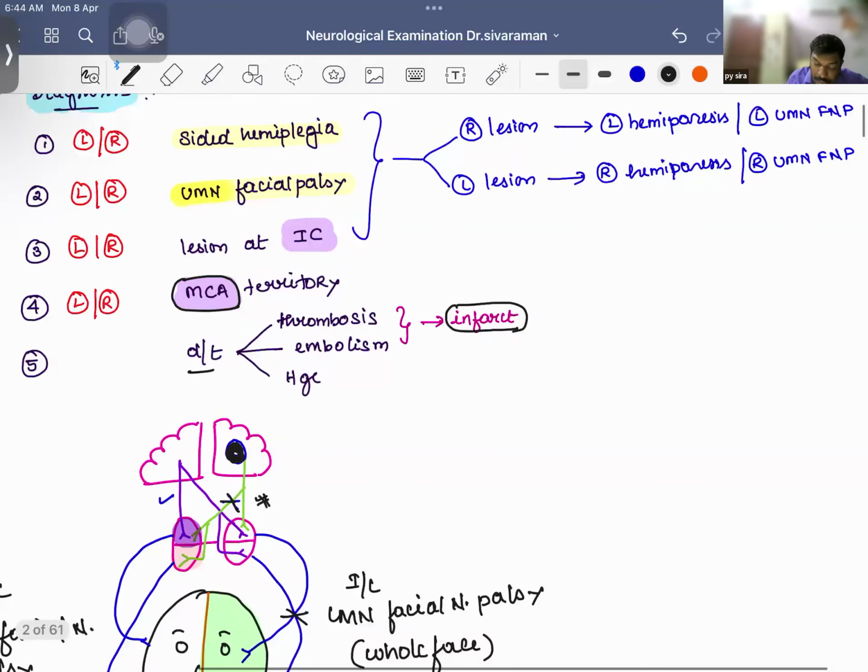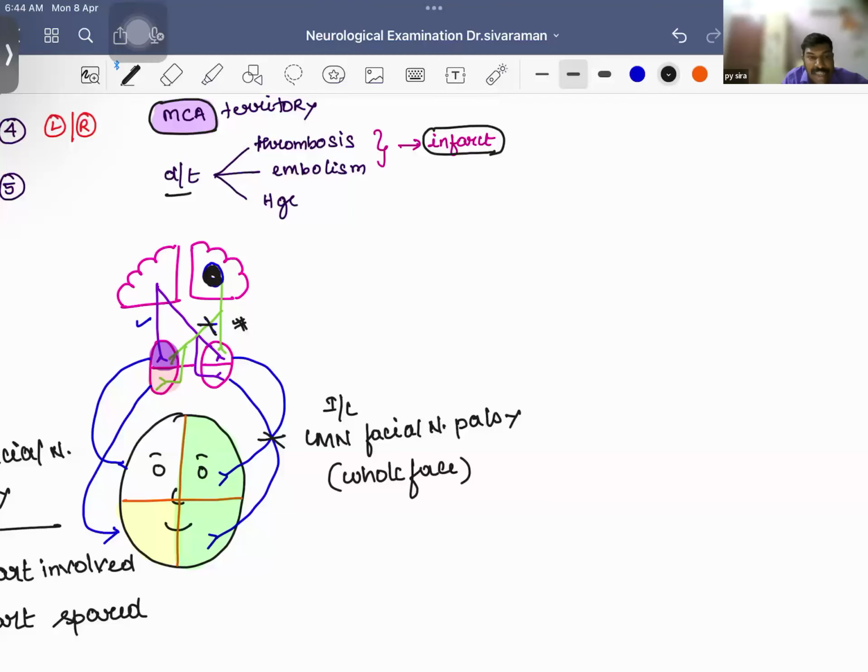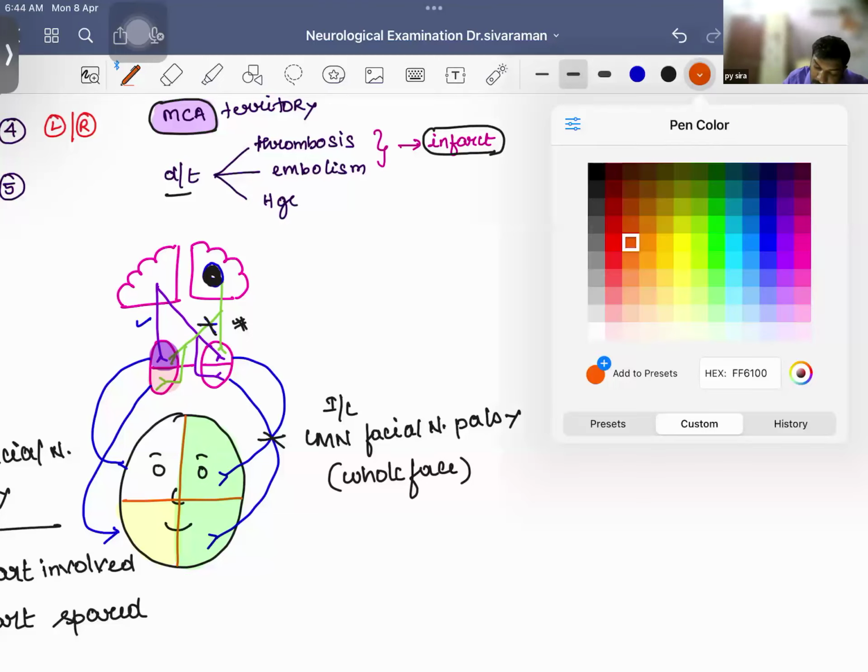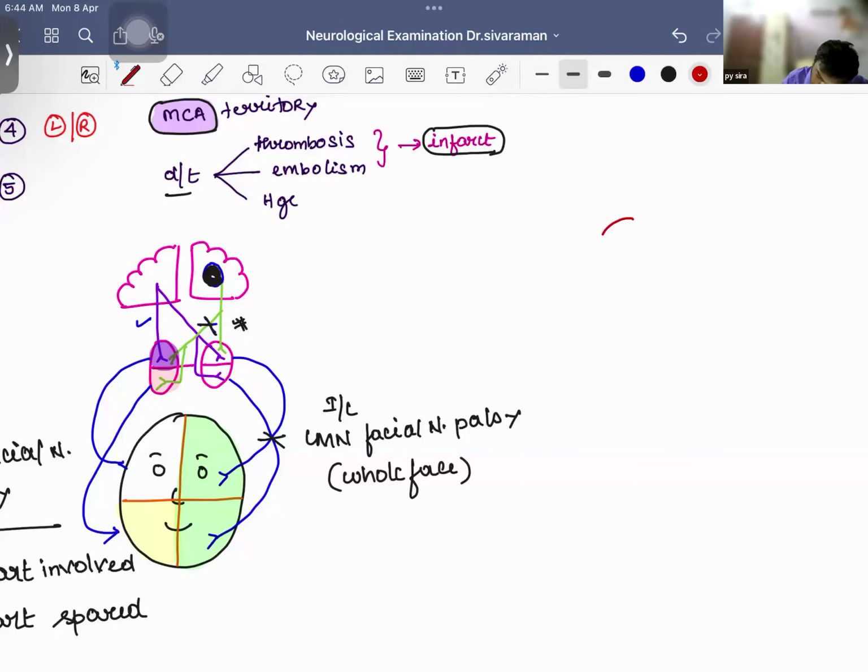And when you make a diagnosis, which territory is getting involved is very important. For this we have an important thing called the circle of Willis. So imagine this as a circle of Willis.